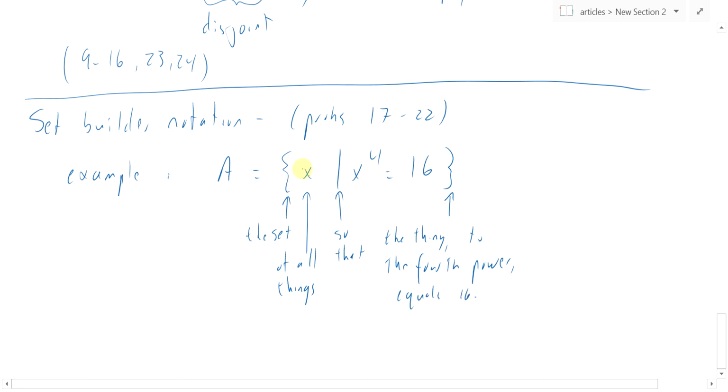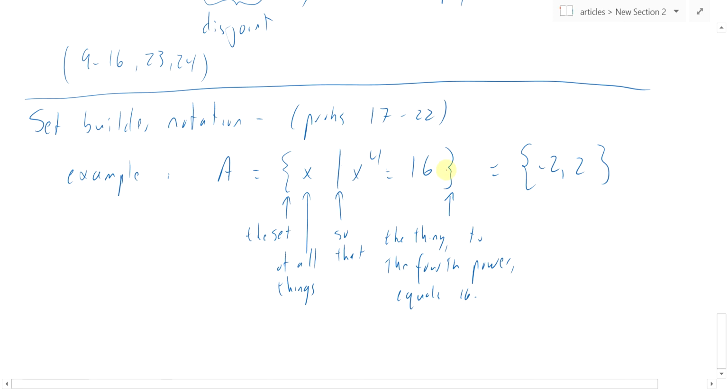Right? So the set of all things so that whatever thing that is, you raise it to the fourth power, you get 16. And that's actually not hard to solve, right? We can figure out what the solutions are. There's only two solutions. It's -2 and 2. So it's a way of writing down this set, which is a list of two numbers, -2 and 2, by referring to a property that they both share.